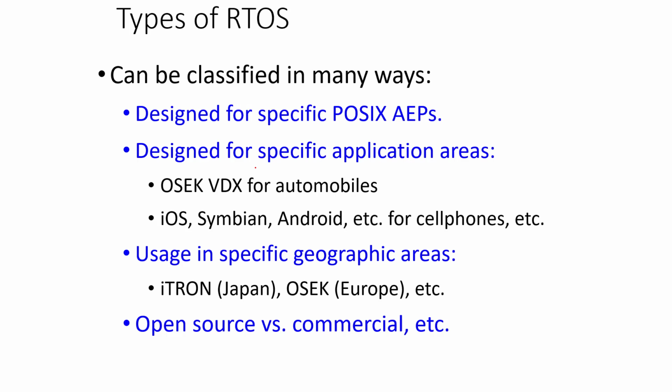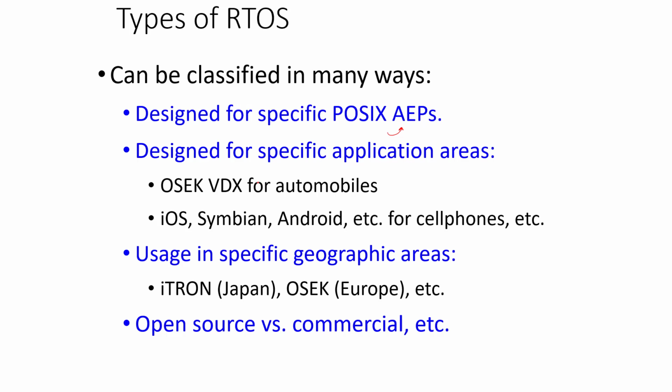So starting from the last lecture, we did discuss the POSIX standard and the different application environment profiles that are a part of the POSIX standard. So real-time operating systems, at least as of today, are very important because automobiles, self-driving systems, all kinds of IoT systems are big consumers of real-time operating systems.